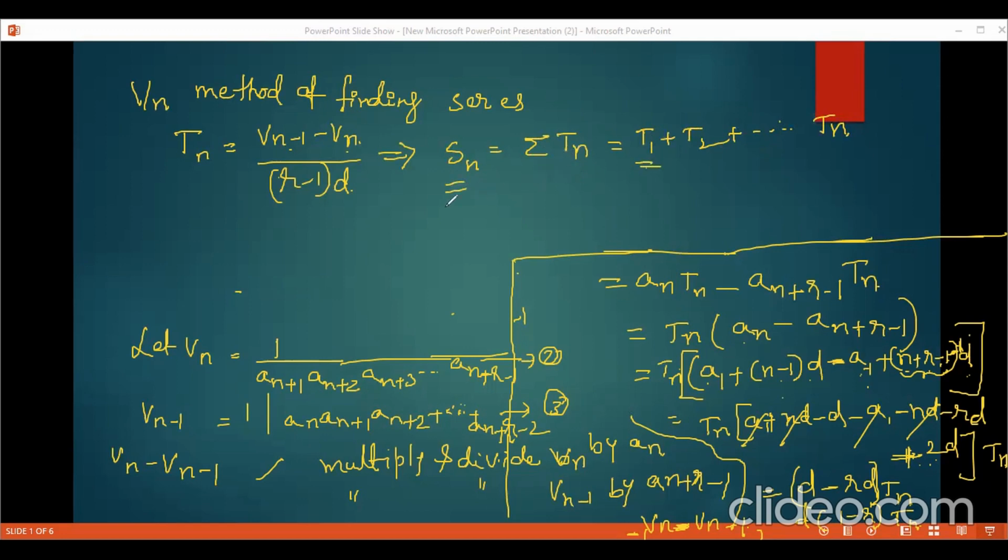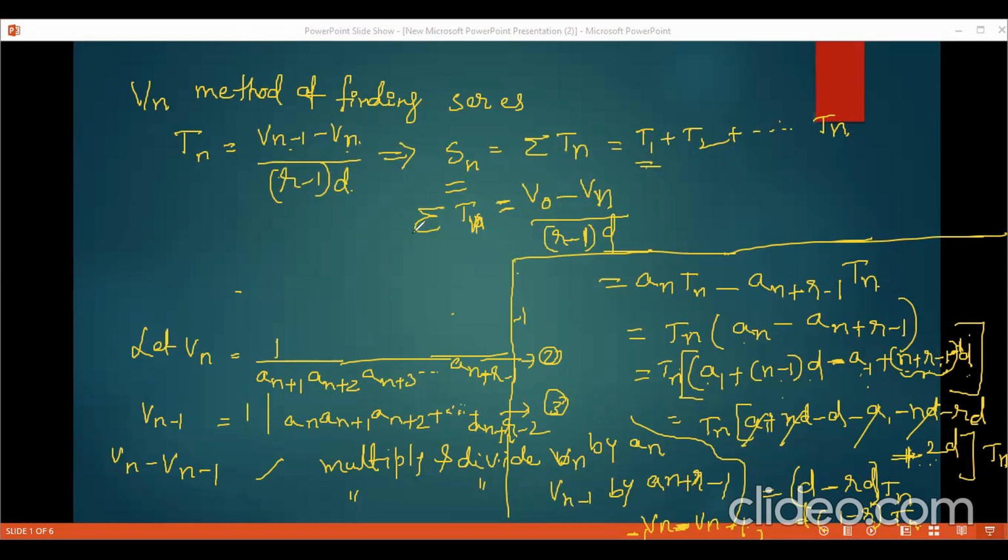So sigma Tn is equal to, if you put the first term, V naught minus V1, and going on like that till n, so directly V naught minus Vn by r minus 1, which is constant. So you will get the same thing, right?